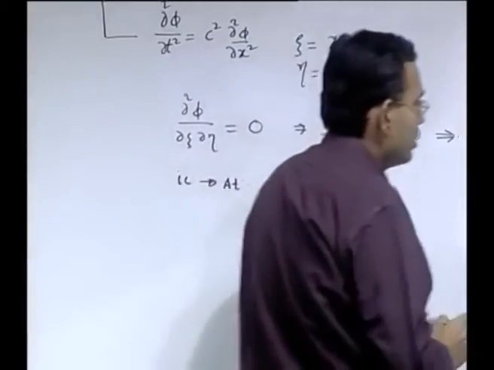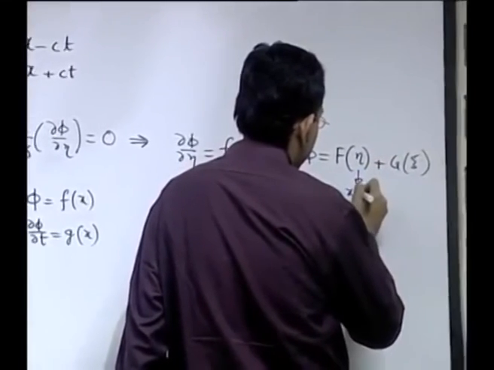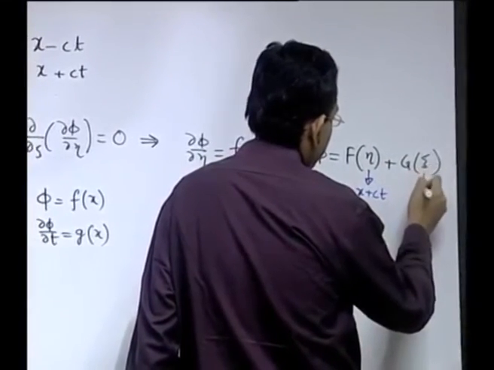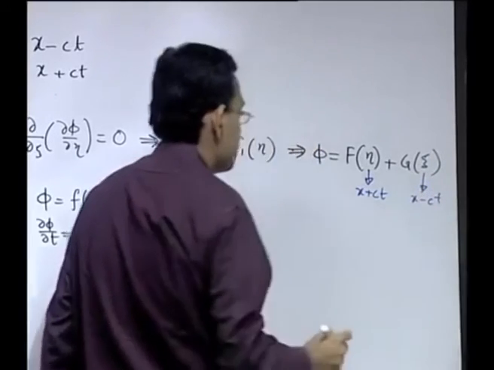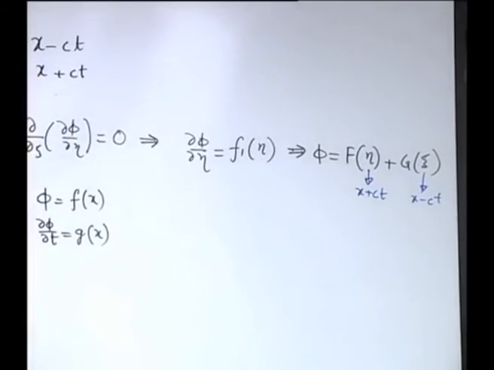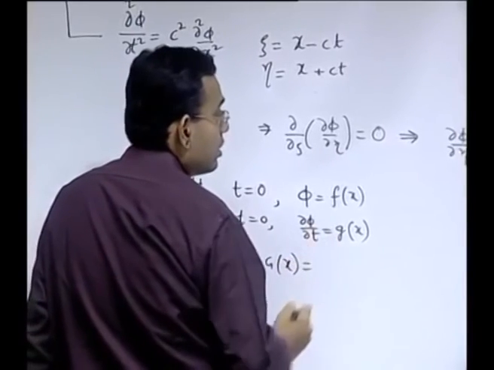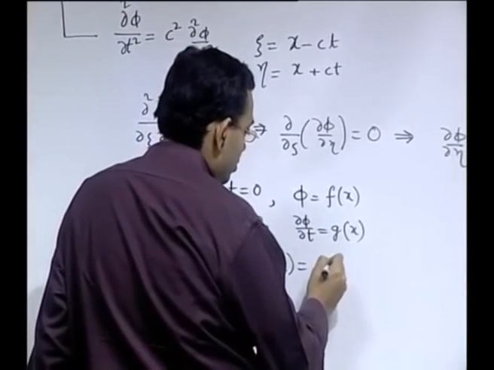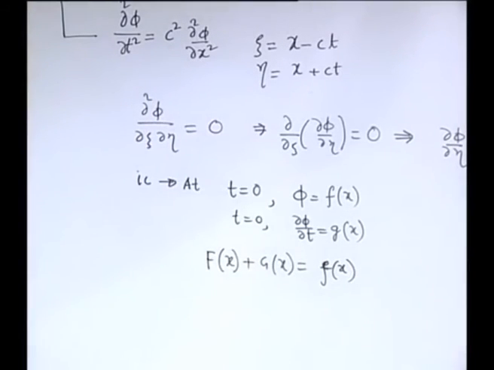So remember eta is x plus ct, this is x minus ct. So F of x plus G of x is equal to small f of x, and the derivative with respect to time.